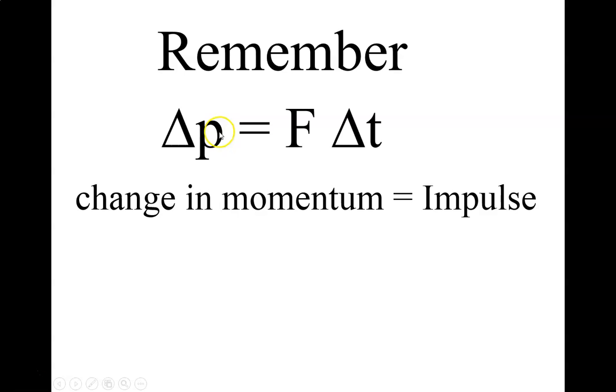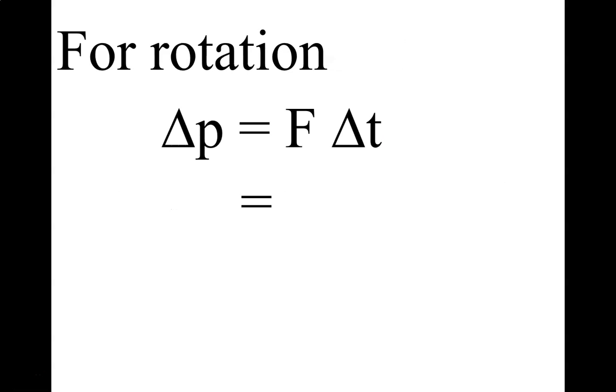So now, when we looked at momentum, remember that change in momentum was equal to force times time, which is known as the impulse. So change in momentum equals impulse. And there is an analogy for rotational momentum as well. Instead of linear momentum, what was the symbol for rotational momentum?